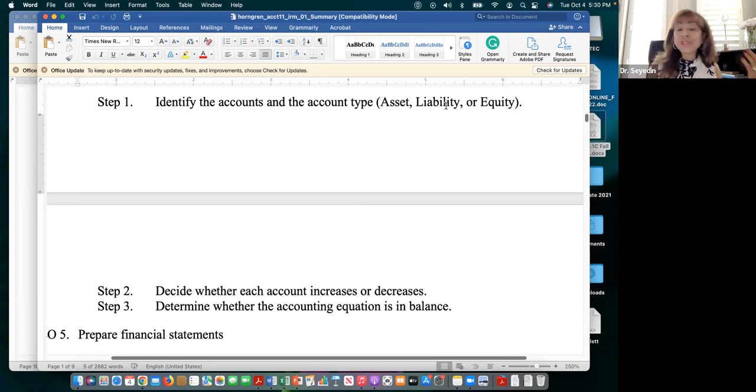Notice accounts receivable was when we sold on account to a customer. So the keywords are sold to a customer. So there's a customer involved, on account. That's accounts receivable.